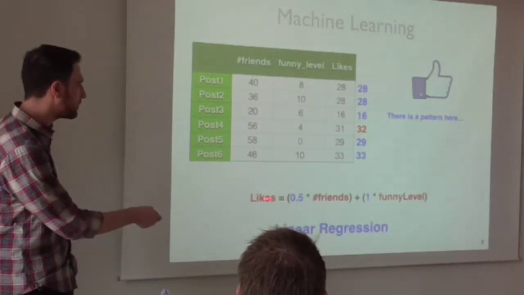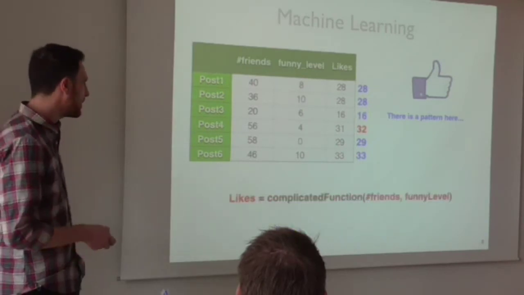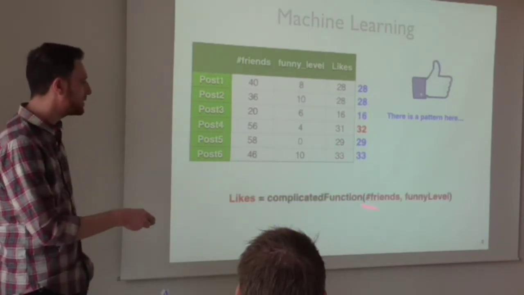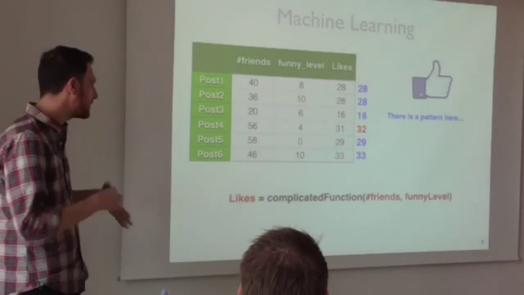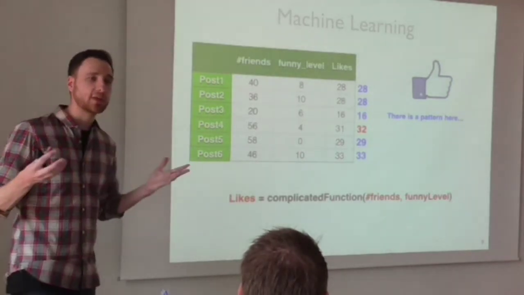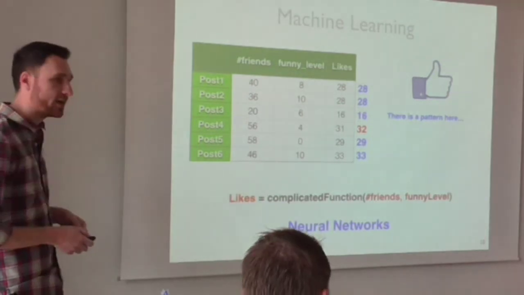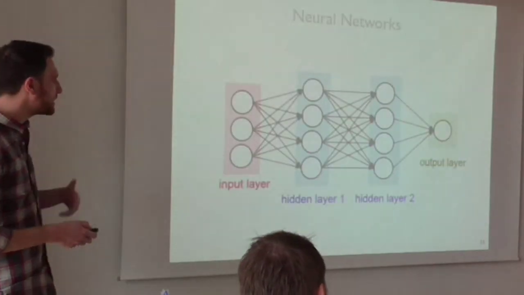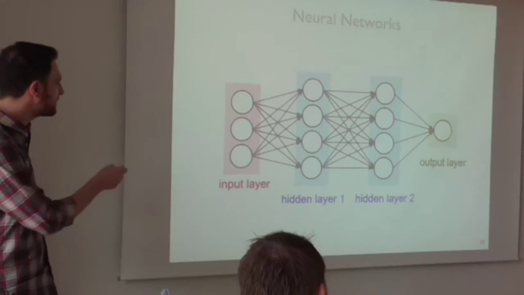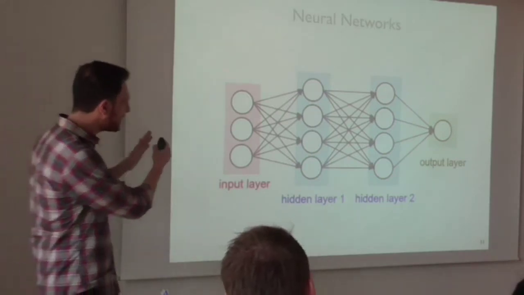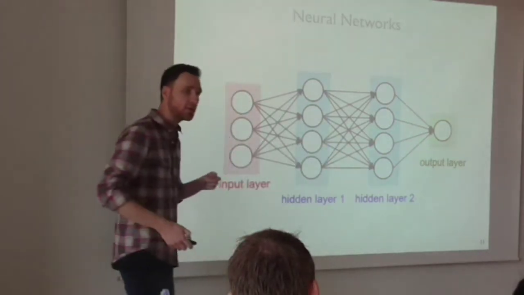So instead of doing linear regression, which is just this weighted sum, you can do some other complicated function that takes as input the same variables, but works in a much more complex way, right? And that's neural networks in a very, very high level way. So a neural net, as most of you probably know, looks like this. It's a sequence of layers of neurons.